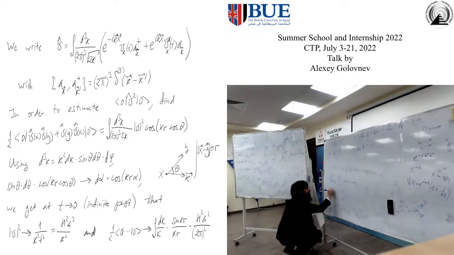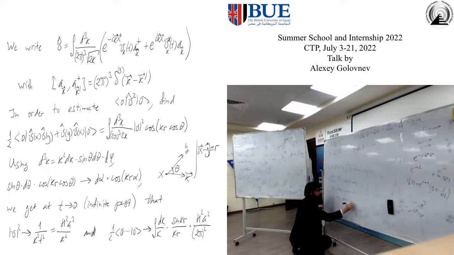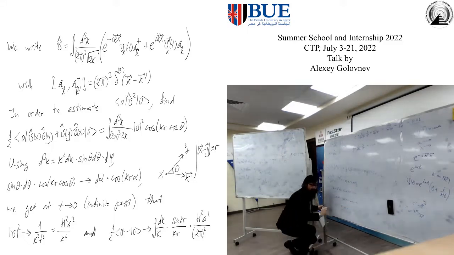Then of course, I have to remember that d^3k is basically k squared dk sine theta d theta d phi. And in my integration, I have sine theta d theta and also cosine of kr cosine theta, so I can change the variables to d alpha cosine of kr alpha, right?